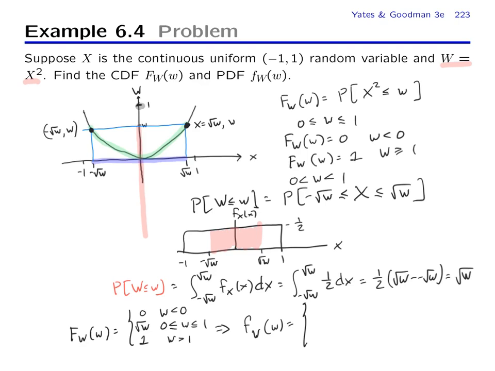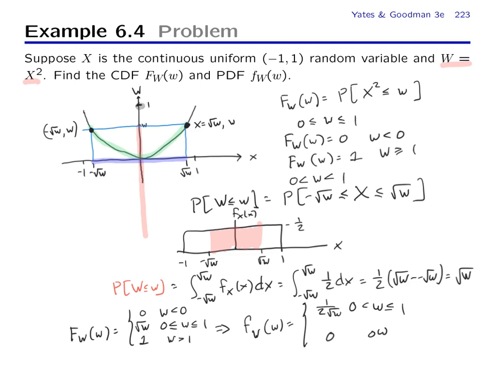In this range, the derivative of square root of w is 1 over 2 square root of w, for 0 less than or equal to w less than or equal to 1, and 0 otherwise. Perhaps we should be a little more careful and realize that 1 over root w blows up at 0, and get rid of this point. Getting rid of it doesn't actually matter, because the probability x is exactly 0 is 0.